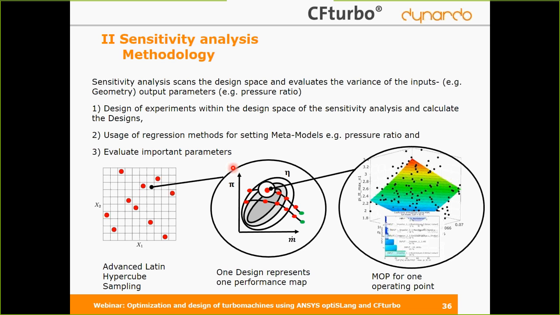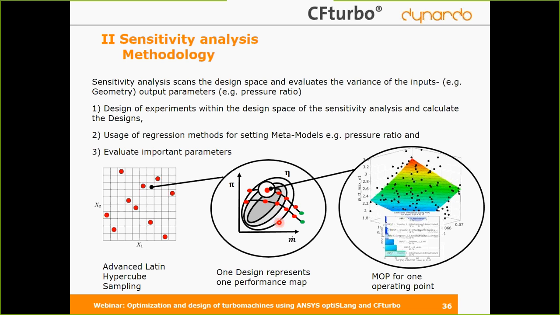So which steps are done in a sensitivity analysis? Basically 3. The first is to define a design of experiments within the design space, and then calculate all these designs. In our case, one design is not only one solver call, it's the calculation of a whole performance map. So there are multiple operating points within one design.